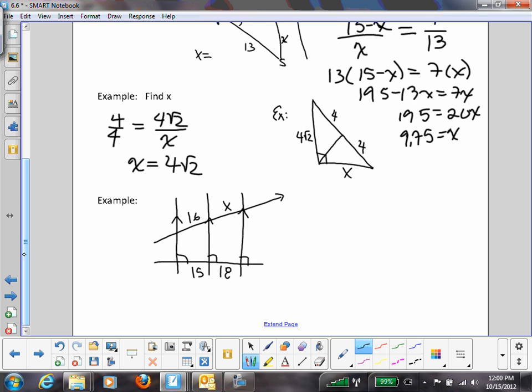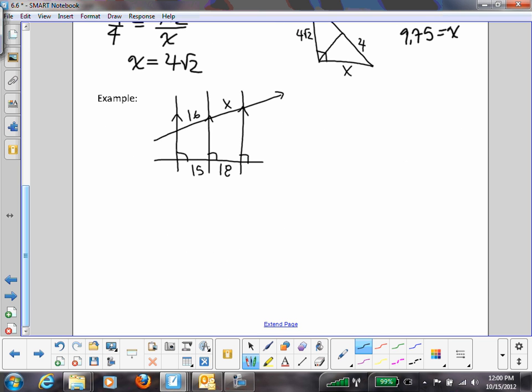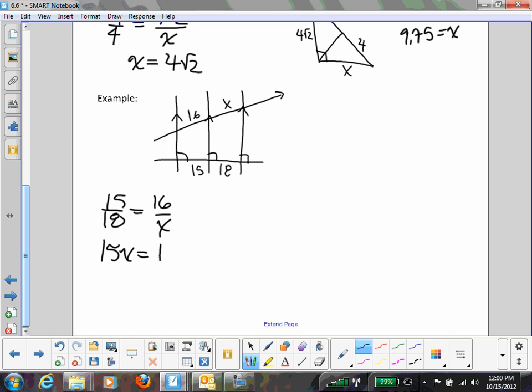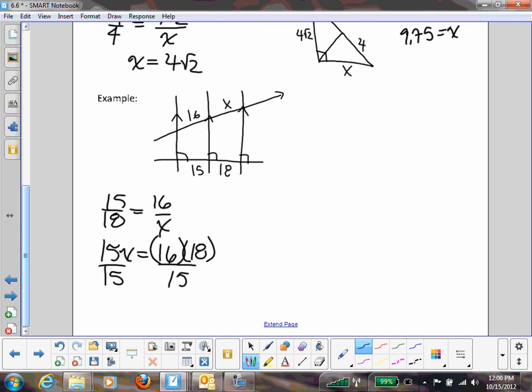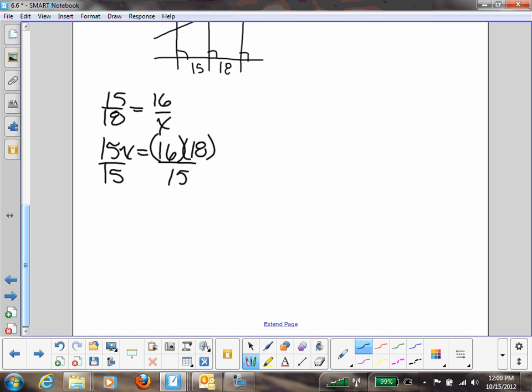All right, here we go. 3 sets of parallel lines, what am I going to write? What's my proportion going to be to solve for x? Gabby. And so 15x is equal to 16 times 18. 288. Thank you.